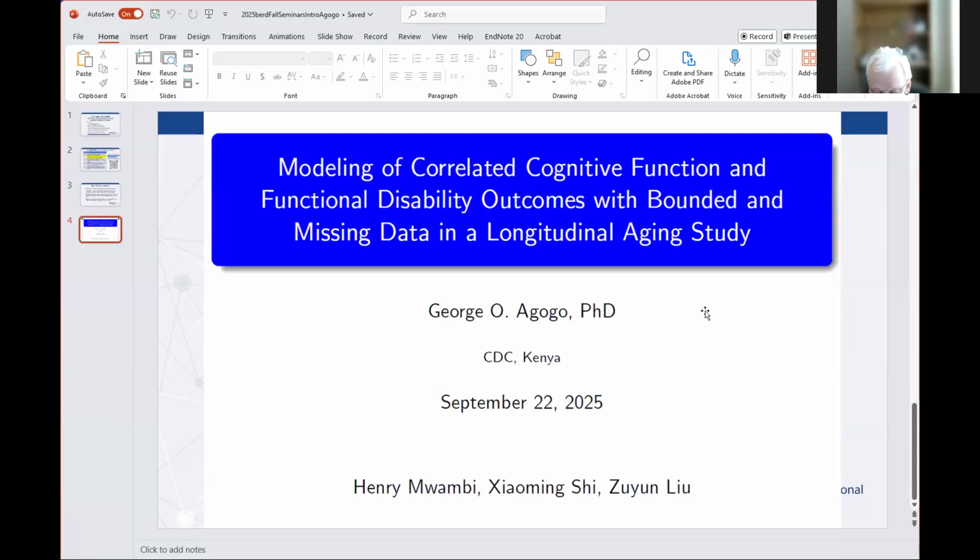So before I hand over the podium to Dr. Agogo, I will just state that I had the pleasure of working with Dr. Agogo at my former institution, Yale University, when he came there to do a postdoc in biostatistics from 2016 to 2018. And he has a PhD in biostats from Wageningen University in the Netherlands.